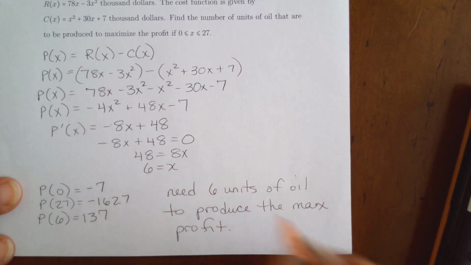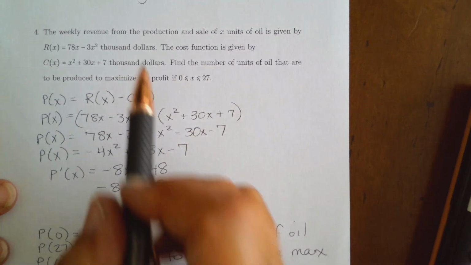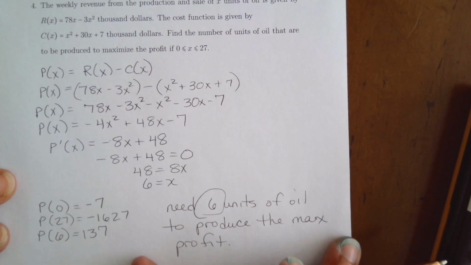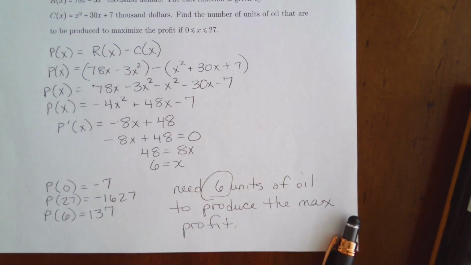That's what it asked you for, okay? 6. What is the maximum profit? That would be $137,000, right? They didn't ask me for that though. They just said find the number of units. Okay. All right, so please be careful when you read these word problems that you're answering what it's asking you for. Okay, so that was a little tricky because I would say a lot of you would put 137. So just read the question carefully, okay?